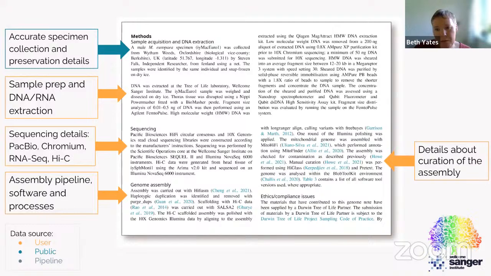And then we give details about the curation of the assembly. We have a team of curators that assess all of our assemblies, and they will do some analyses and try to make the assembly the best it can possibly be. All the changes that they make are tracked in an internal database, and we can pull that information into a Genome-Note.